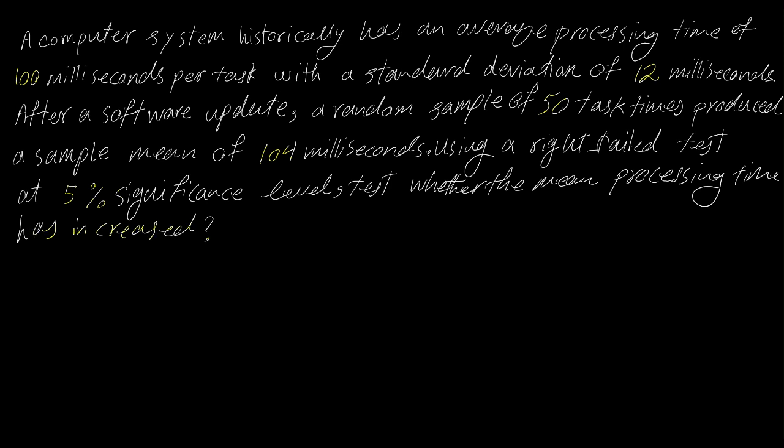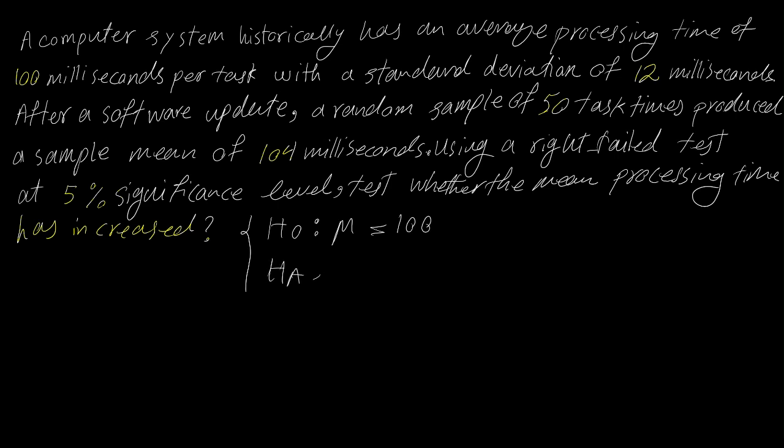When you read the question, you see that it clearly says you need to use the right-tail test. So the first step to solve the problem is to state the null and alternative hypothesis. The null hypothesis here is mu equals 100.